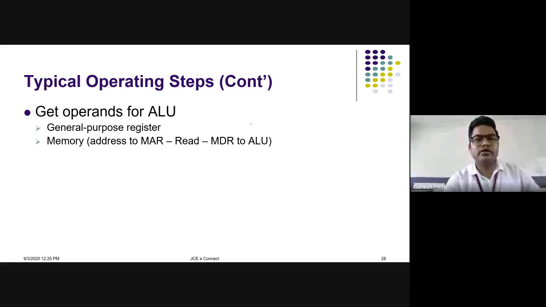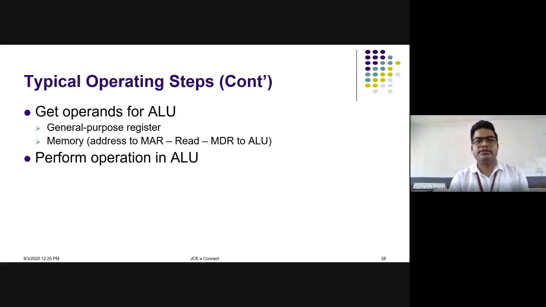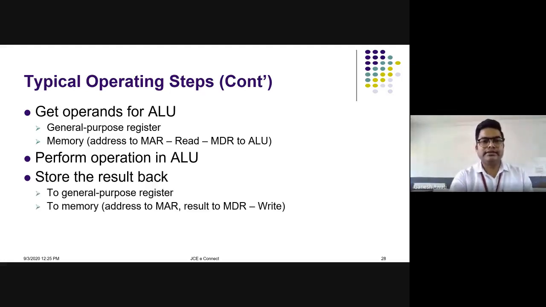So once you have got all the data, then it can operate on that particular data. Okay. Perform the operations in the ALU. So get that particular data from the memory and perform the operations. Store the result back either to the general purpose register or into the memory. Okay. Yes or no?